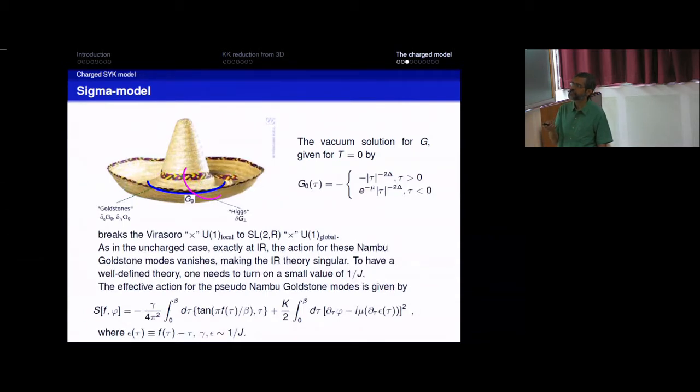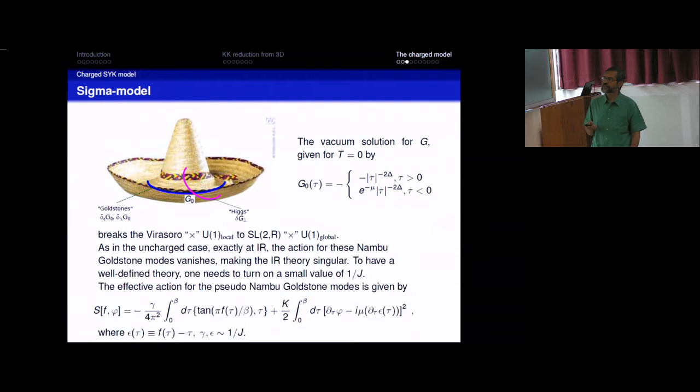The saddle of G, which is given by the fermion 2-point function, looks like this now, and it breaks this local version of Virasoro cross U1. I have put quotes around the cross because it's not really a product group. It makes a difference whether you do the Virasoro transformation first and then U1 or the other way around. So this group is broken to SL2R cross global U1, and you have a coset structure of this.